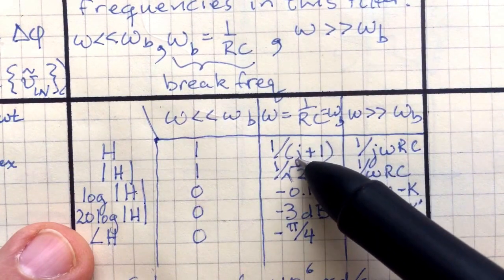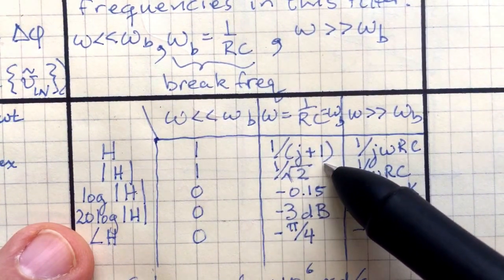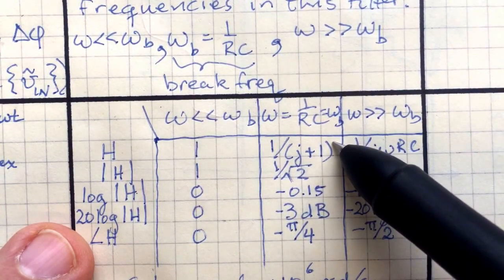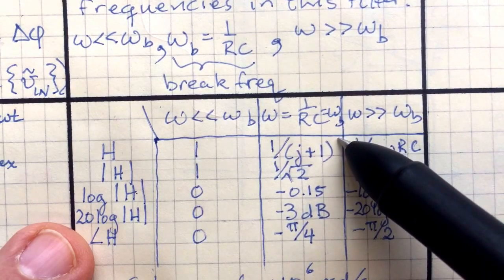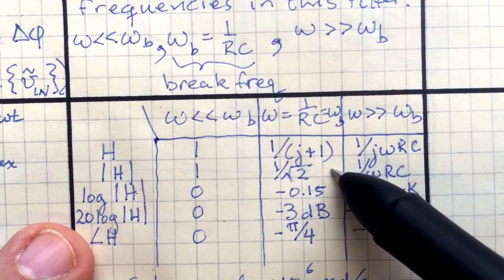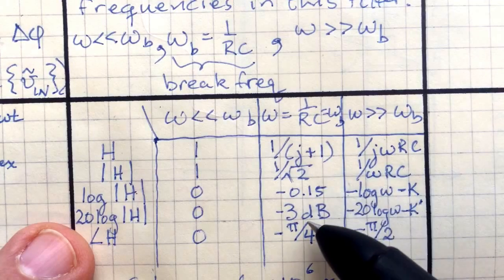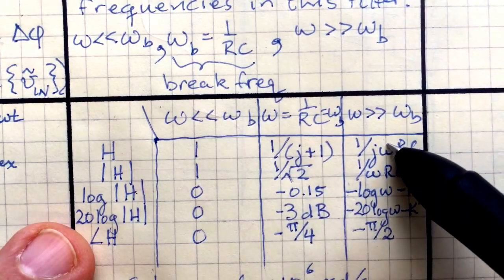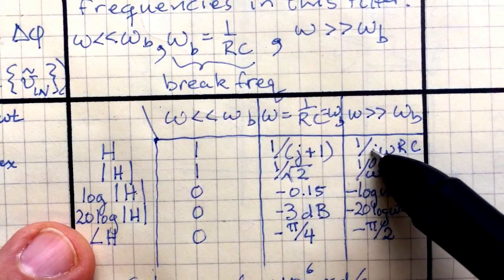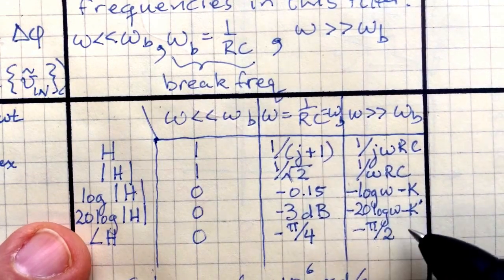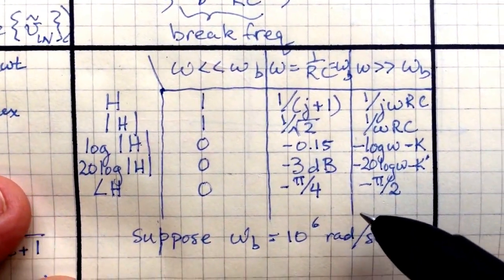This is a number j plus 1, which is a 45-degree slope on the imaginary plane, but now it's reflected because it's in the denominator. So it's going to be minus pi over 4. And this is minus j, so it's pointing straight down in the imaginary plane. It has a phase of minus pi over 2.